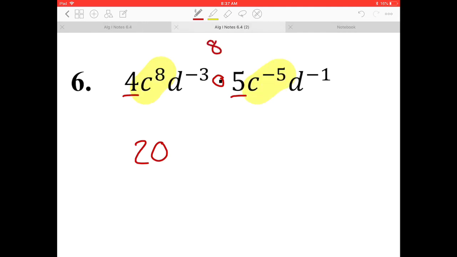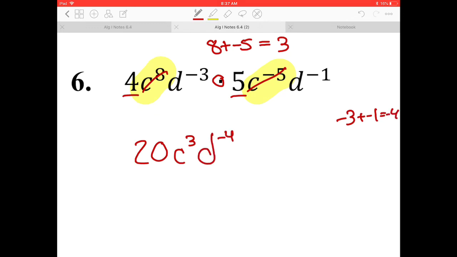C, we have 8 and negative 5. So think about it. 8 plus, because we're adding exponents, negative 5. It's kind of like 8 minus 5, so that's 3. So C to the 3rd power. Done with the C's. D, we have negative 3 plus negative 1. That's negative 4. So this is going to be D to the negative 4th power.